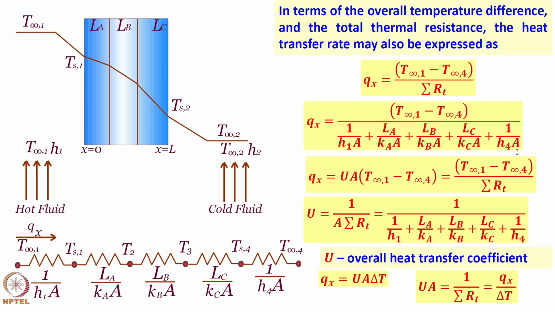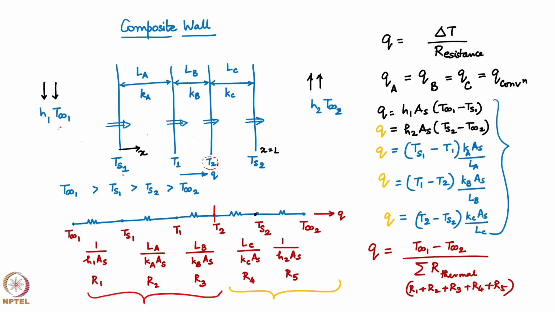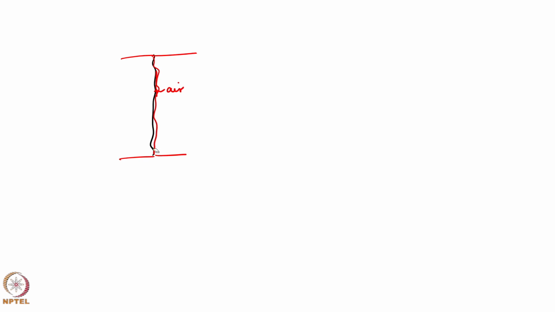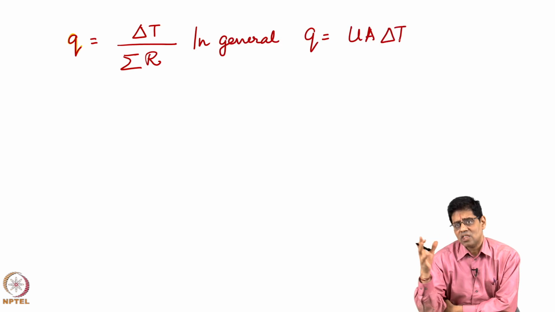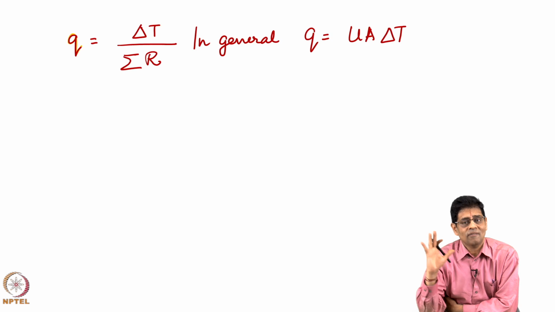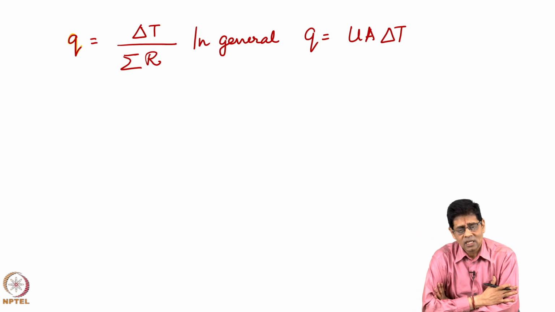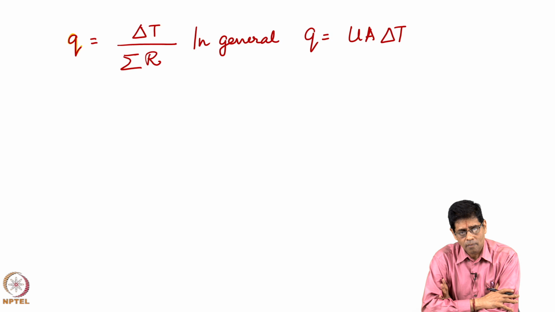What I am trying to tell you is that this Q, I will erase this here. Q is nothing but delta T over summation of R in general. So, in general, this is extremely important, Q is U A delta T in general, just as we had H A delta T. H A delta T refers to convection, heat transfer coefficient, surface area and driving temperature difference, that is pure convection.